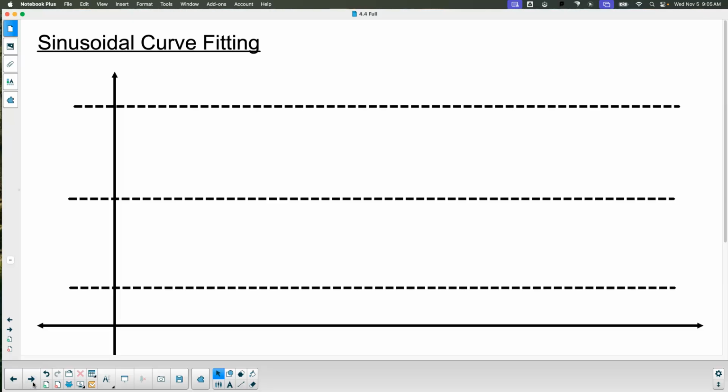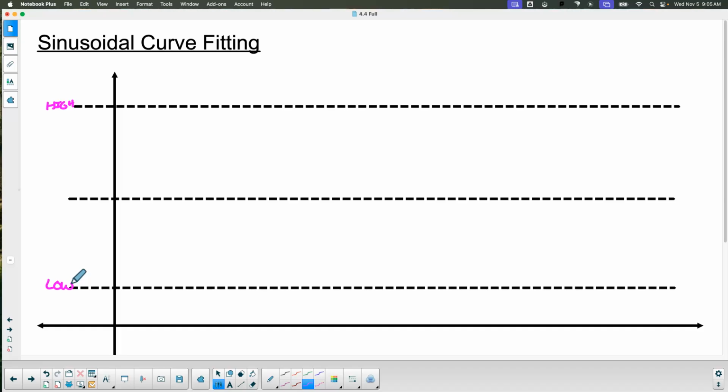Okay? So there's a lot of things that happen in that equation. Your function is locked in between an upper bound and a lower bound. So it's locked in between a high value and a low value. And it will stay inside that band all the way forever and ever and ever in both directions. Okay?